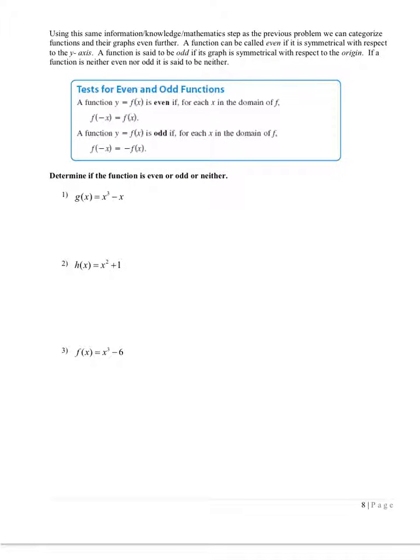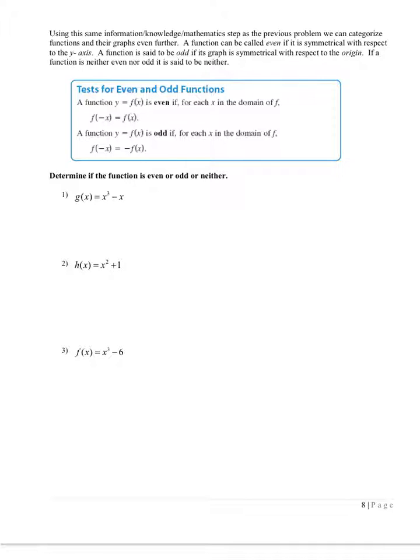Using the same information, knowledge, and mathematics as the previous problem, we can categorize functions and their graphs even further. A function can be called even if it is symmetrical with respect to the y-axis. A function is said to be odd if its graph is symmetrical with respect to the origin. If a function is neither even nor odd, then it is said to be neither.